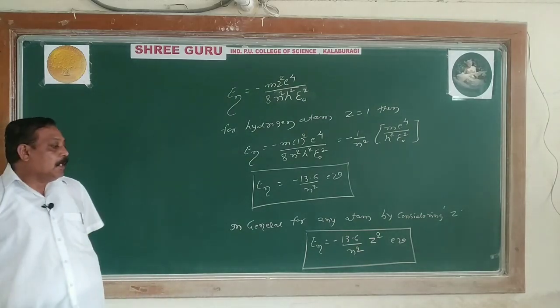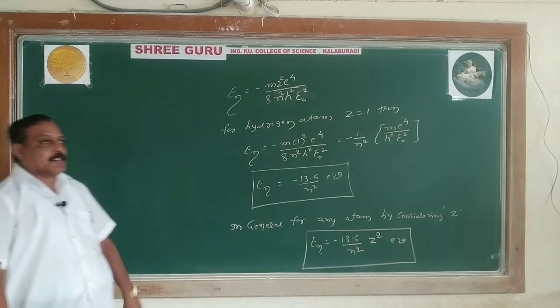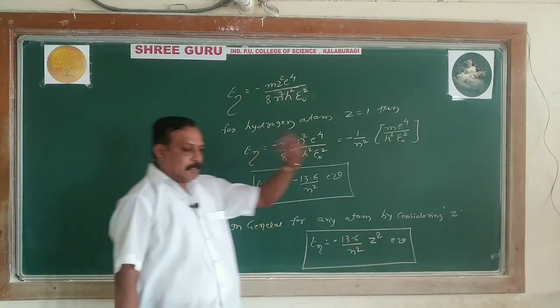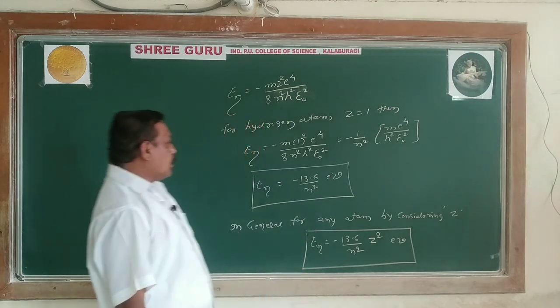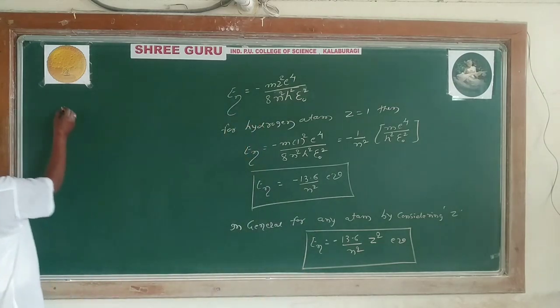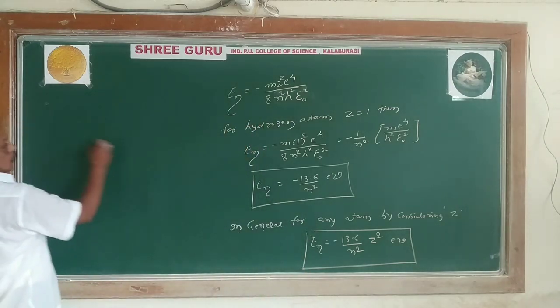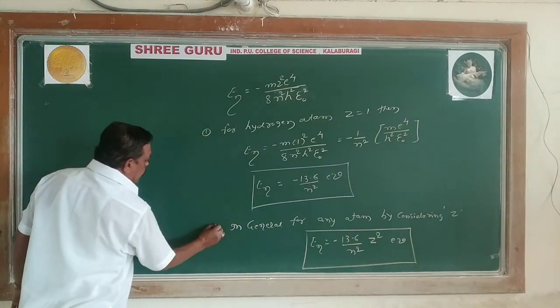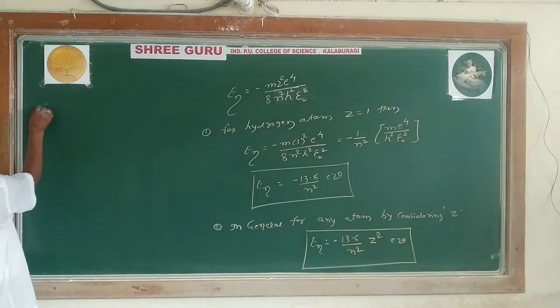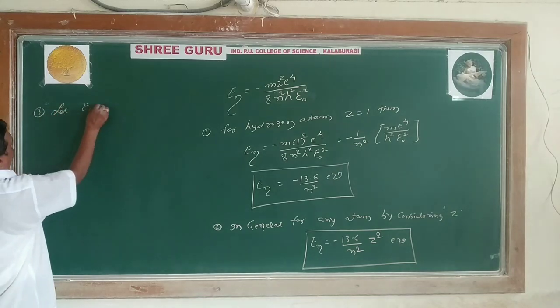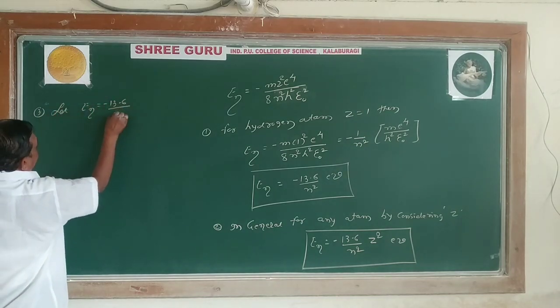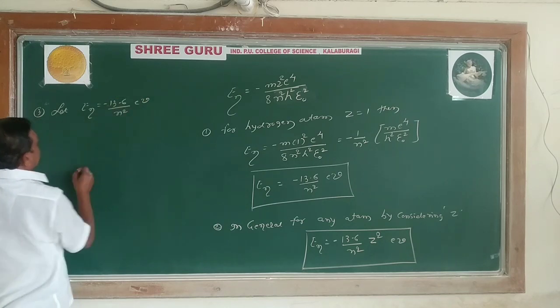If I want to calculate the individual energy for the hydrogen atom, that is the energy possessed by the electron in the respective orbits, first orbit, second, third, let E_n equal minus 13.6 divided by n square electron volt.